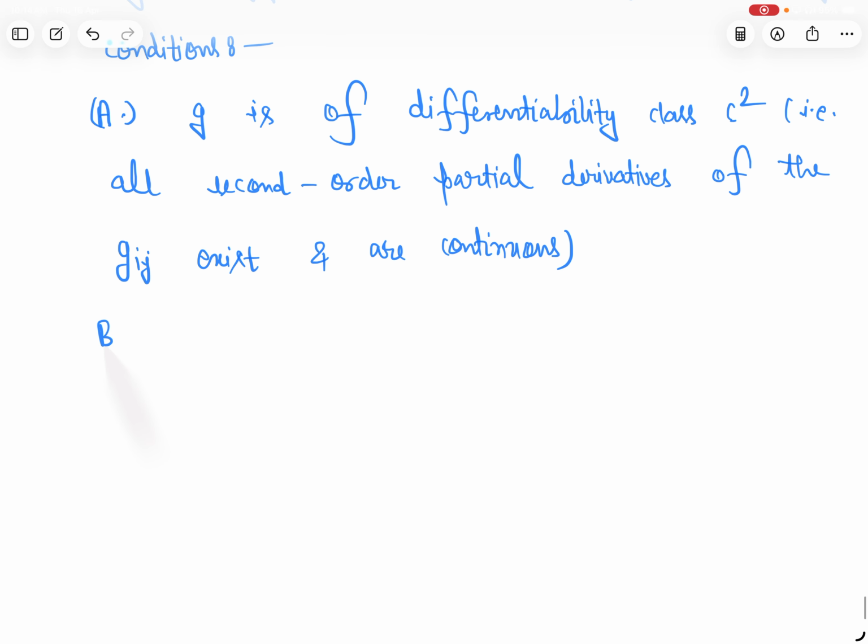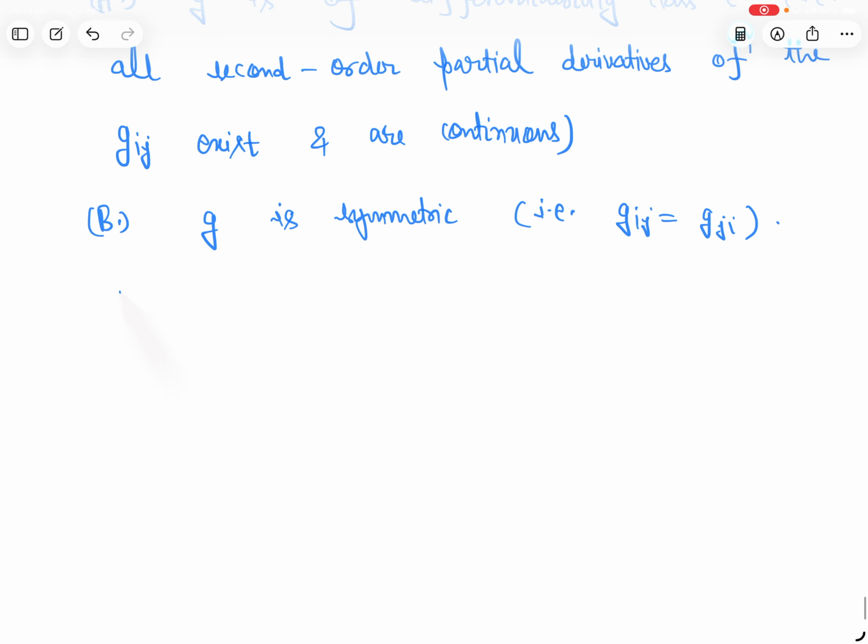B is G is symmetric. That means Gij is equal to Gji. C is G is non-singular.